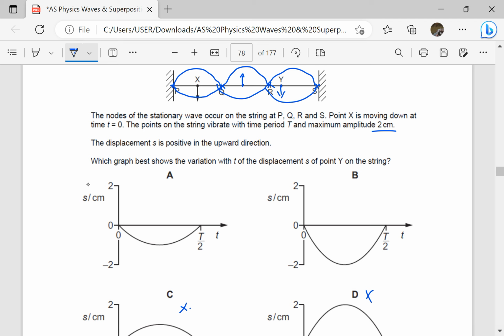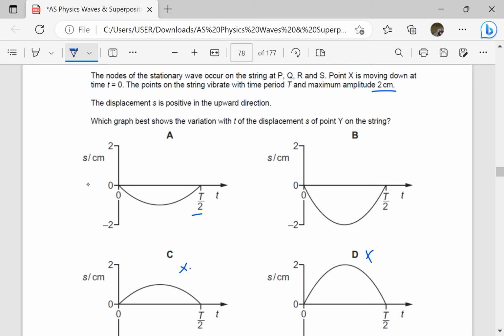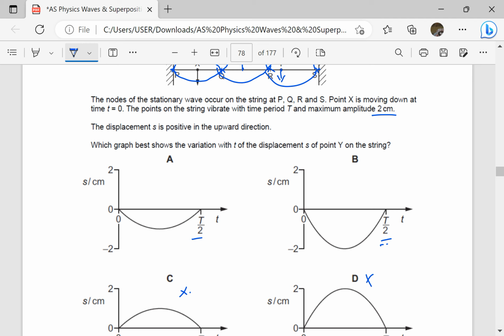They said the points on the string vibrate with time period T and maximum amplitude 2 centimeters. So these graphs are showing half a period. It means at half a period they have not reached the maximum displacement of 2 centimeters. Because the maximum amplitude is 2 centimeters and here we have half a period, the maximum displacement must also be half of 2 centimeters. So the answer is going to be A, because this is showing almost 1 centimeter.